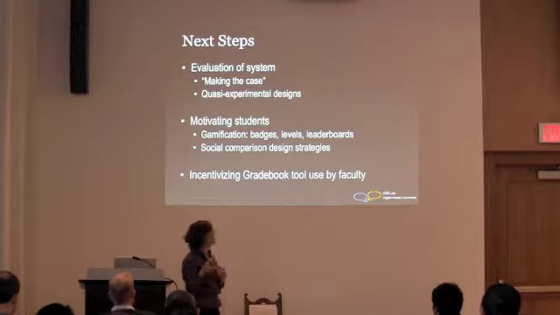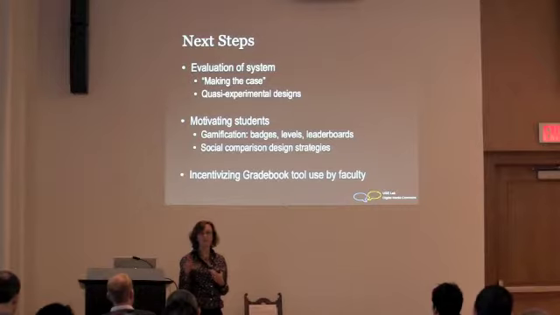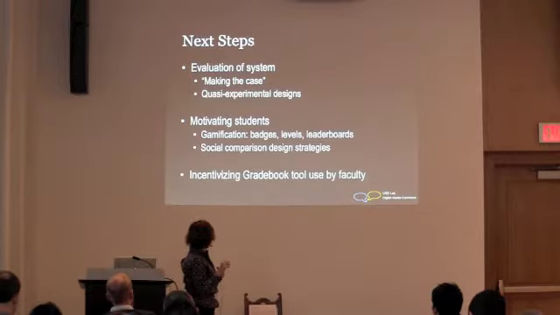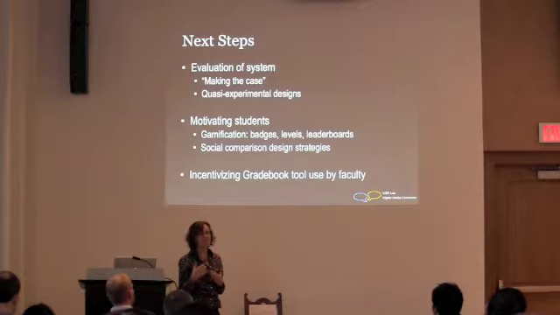We'll move into this more quasi-experimental design to validate some of the things that we think are going on, making sure that some of what's going on isn't somehow specific to the MSTEM program, what can generalize out. And then, of course, we have to deal with infrastructure limitations and figure out how we can scale this up within the system that we have.